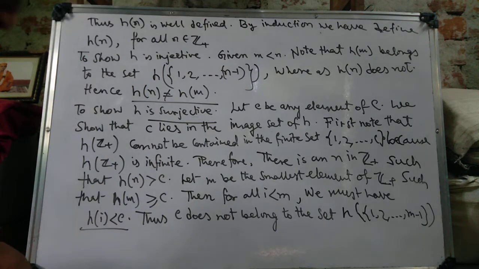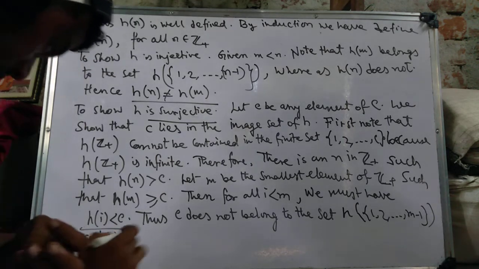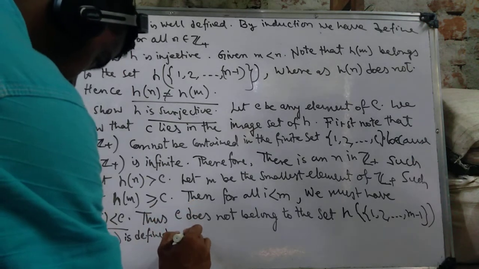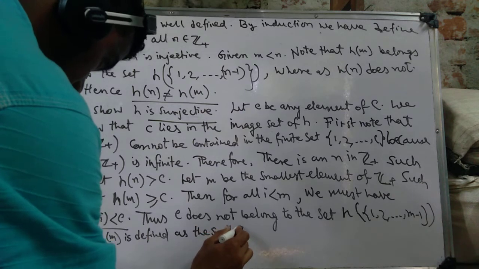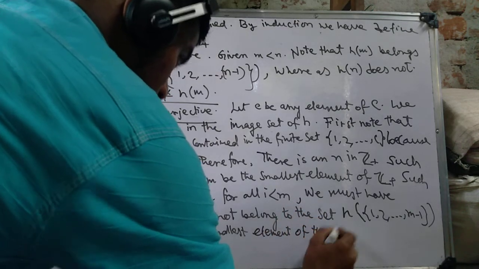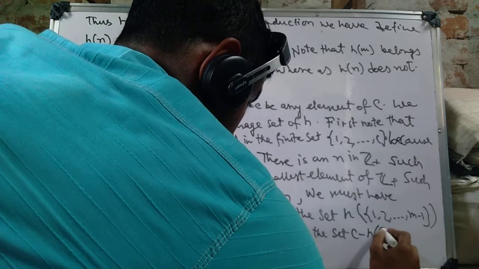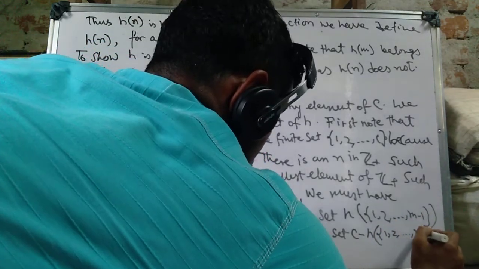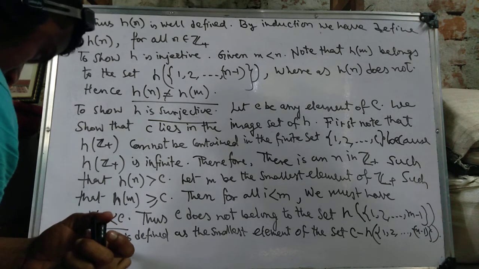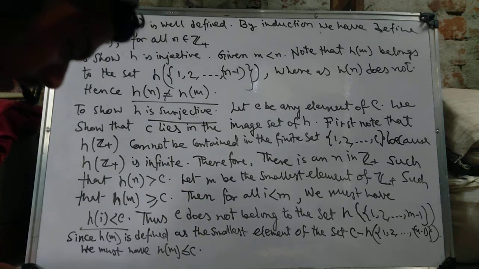Since h(m) is defined as the smallest element of the remaining set, we must have h(m) less than or equal to c.